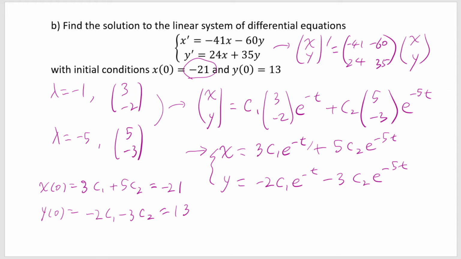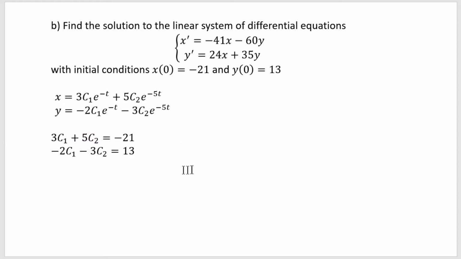Now, let me clear everything so it's easier to calculate. Alright, so I wrote it like this, and we're trying to solve this system. It's easier if we multiply the top one by 2, so that this is 6c1 plus 10c2 equals negative 42, whereas the bottom one we multiply by 3 so that it gets exactly the same number.